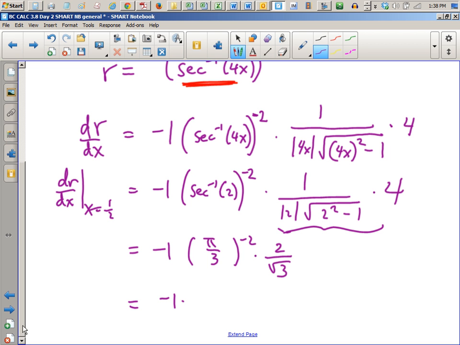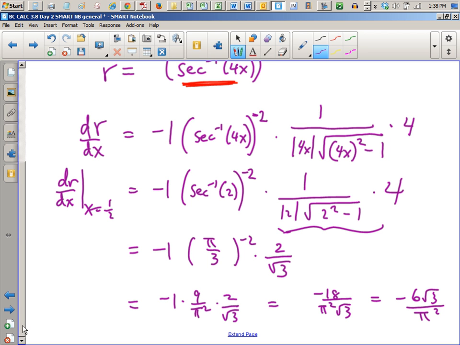So there's a negative 1 there, there's a 9 over pi squared, there's a 2 and a rad 3, and this gives me negative 18 over pi squared rad 3, and I will rationalize. Multiplying top and bottom by rad 3, I get negative 6 rad 3 over pi squared.